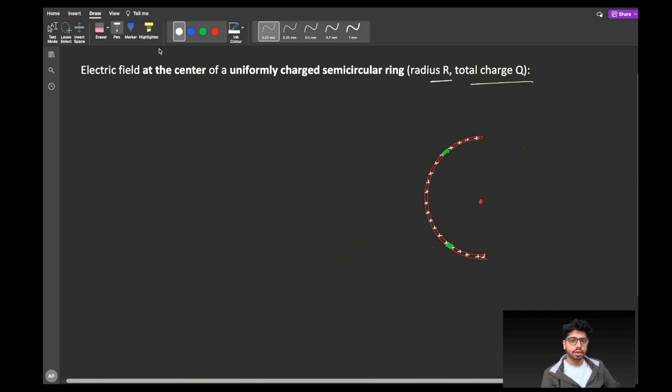Let's assume a dq element, a small element, because this is a continuous charge distribution. We take a dq element on the ring.